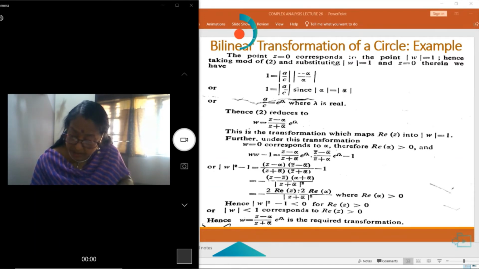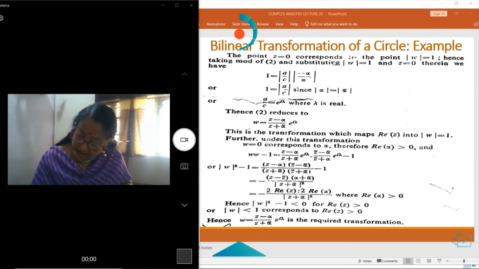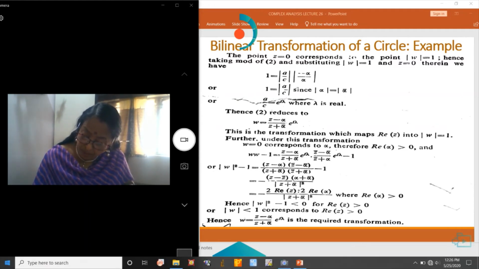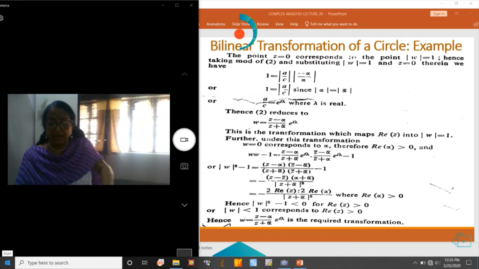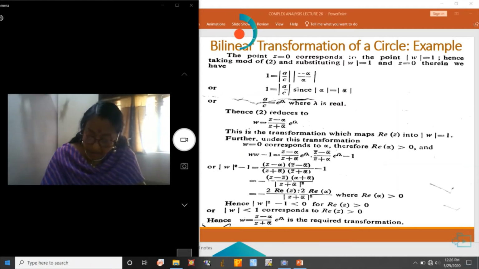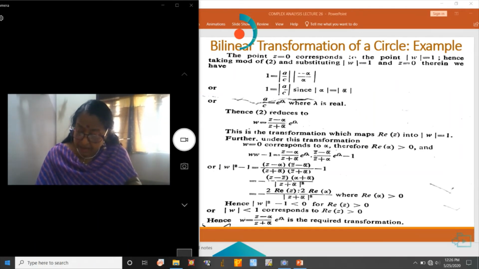After calculating, we get |w| squared minus 1 equal to negative of 2 real z into 2 real alpha divided by |z plus alpha bar| squared, where real alpha is greater than 0.